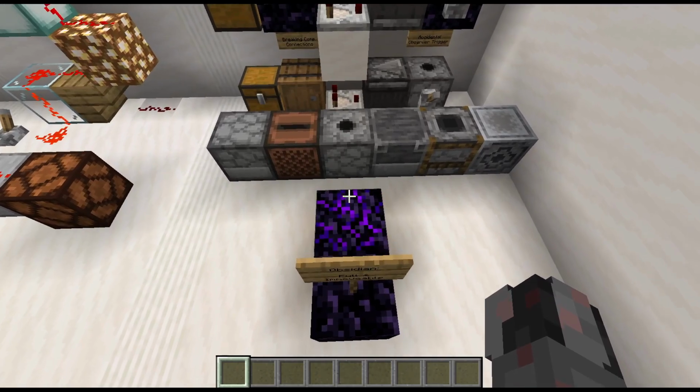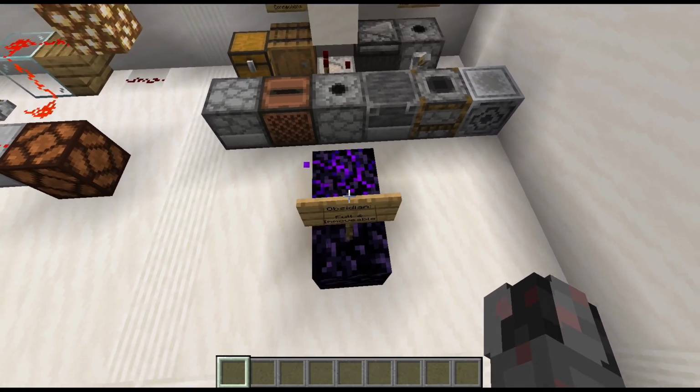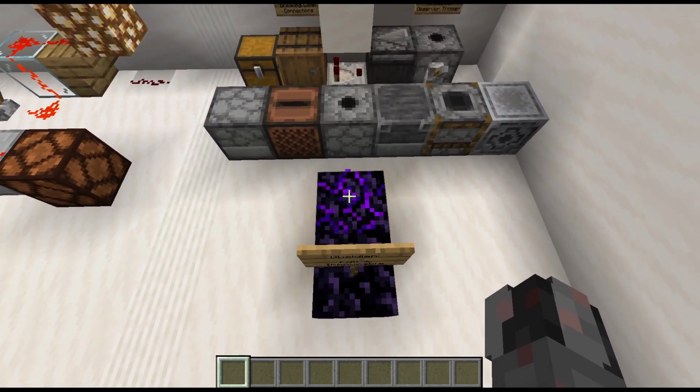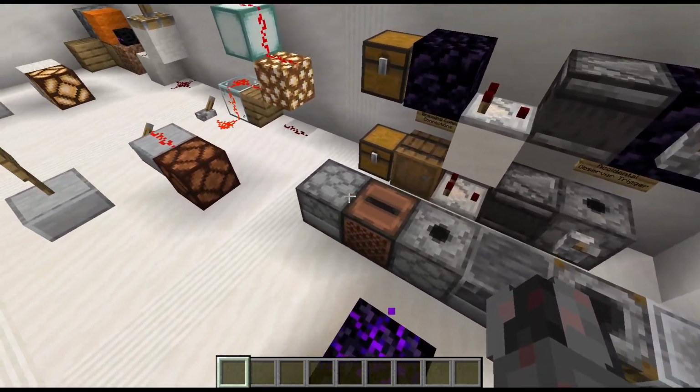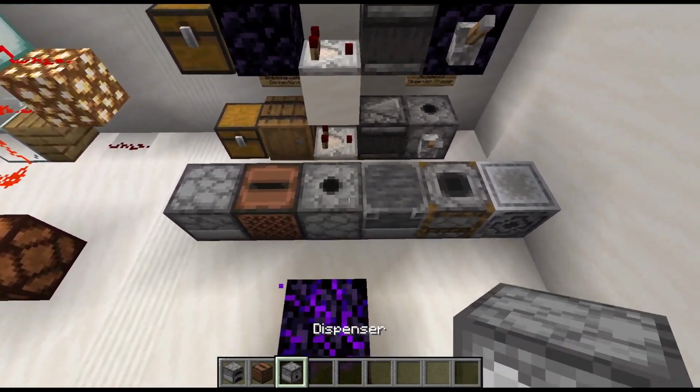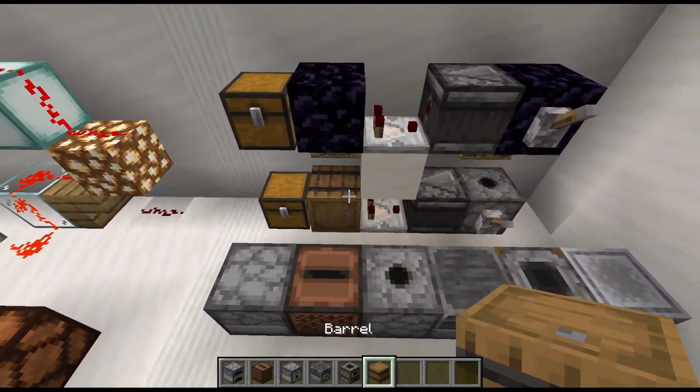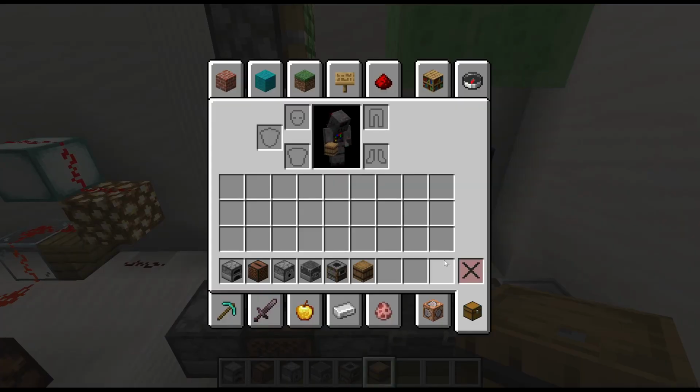Quite common examples for those blocks are, as I already said, the obsidian block, which I usually default to. But you can also use the crying variant, or you can use the lodestone, or the furnace, the jukebox, dispenser, dropper, blast furnace, the smoker, the barrel, and so on.